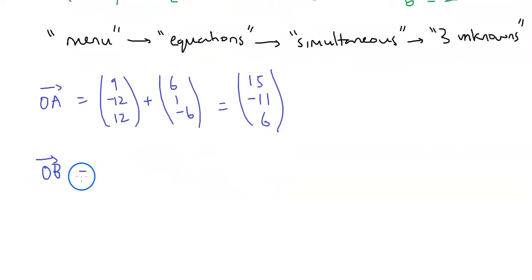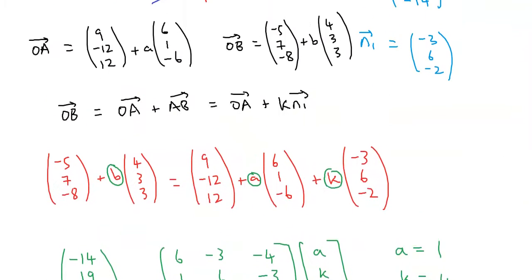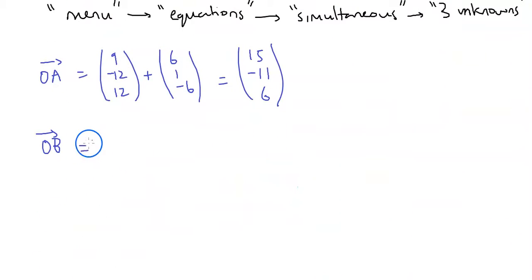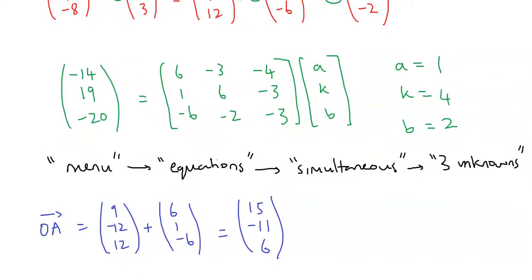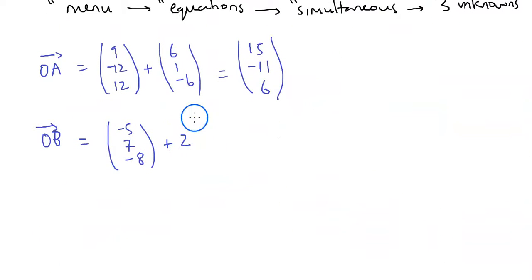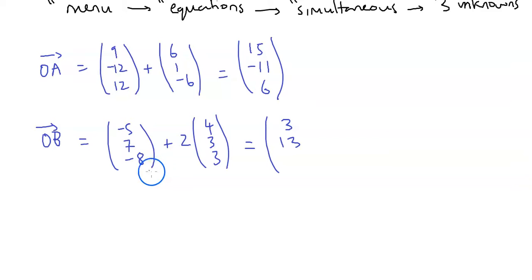OB is negative 5, 7, negative 8, plus little b, which was 2, times 4, 3, 3. Okay, so negative 5 plus 8 is 3, 7 plus 6 is 13, and negative 8 plus 6 is negative 2.